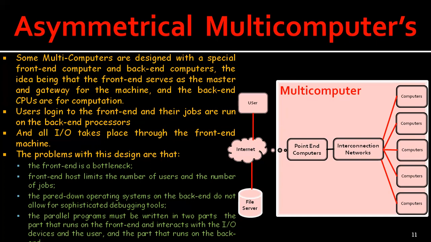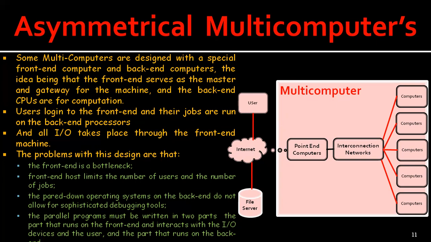The problem with this kind of design is that the front end is a bottleneck and it does not scale well, because the performance of the front-end host limits the number of users and the number of jobs.